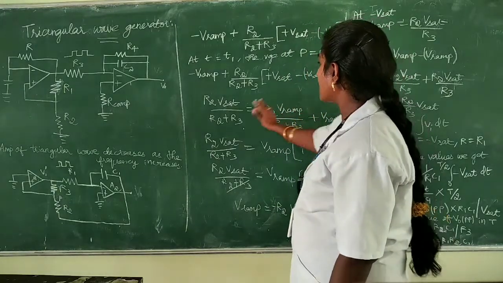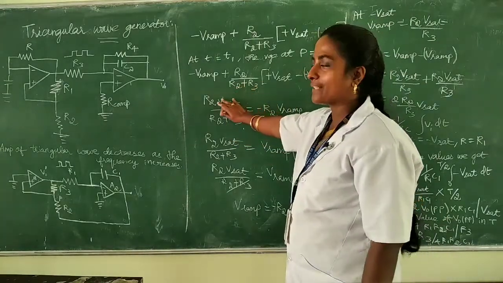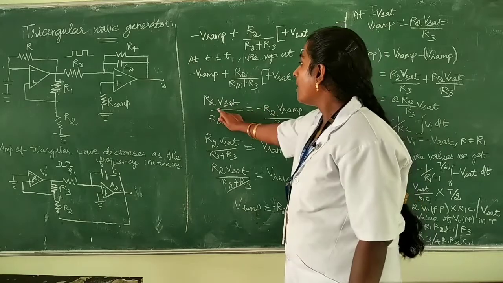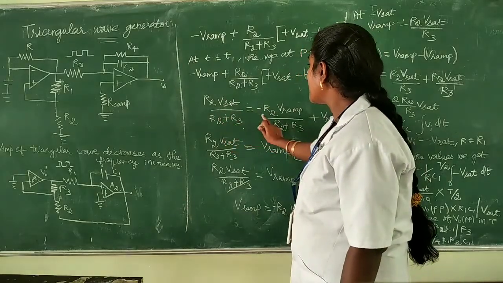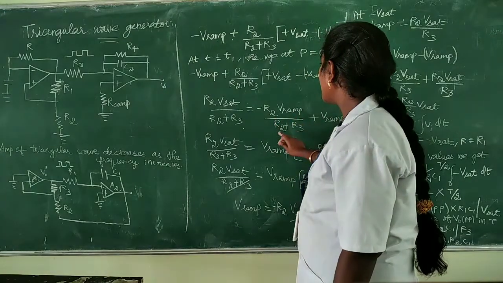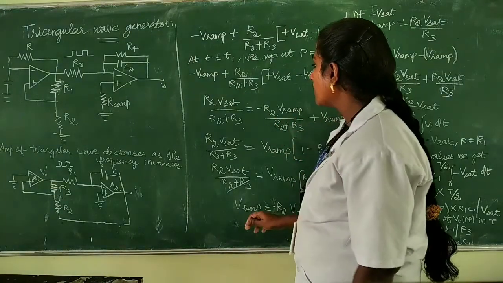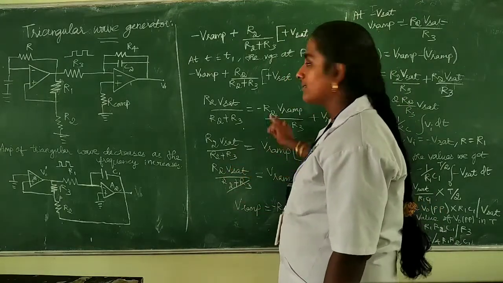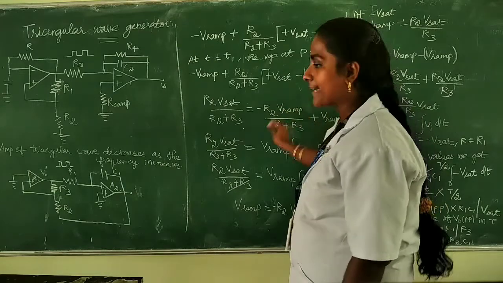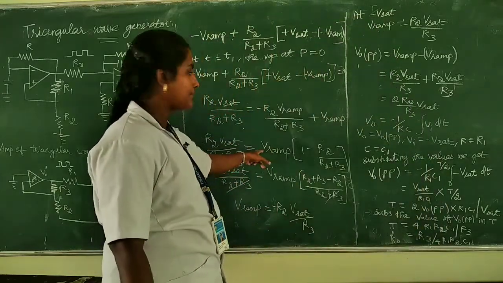Take this outside, that is, on the left hand side you have R2 V saturation divided by R2 plus R3, which is equal to minus R2 V ramp divided by R2 plus R3 plus V ramp. In both the terms we have V ramp, so take that V ramp outside.